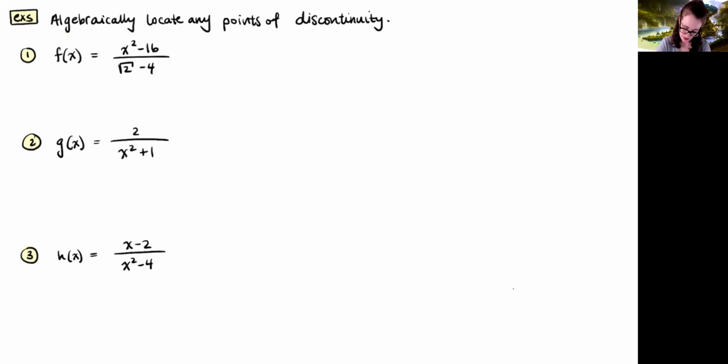What we have in the denominator here is actually just a number, approximately negative 2.5858. So if you wanted to, you could say this is approximately x squared minus 16 over negative 2.5858. And the denominator here will never be 0.